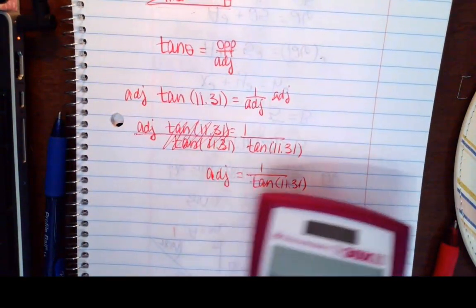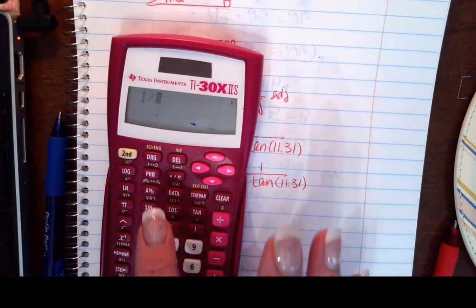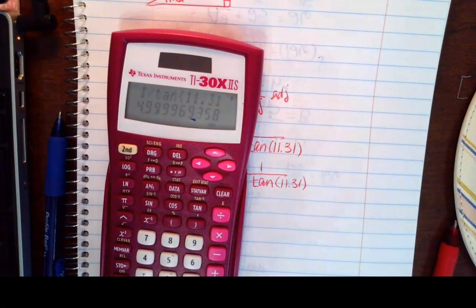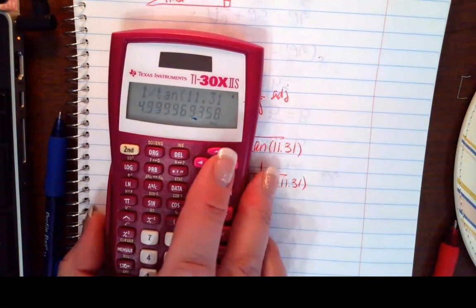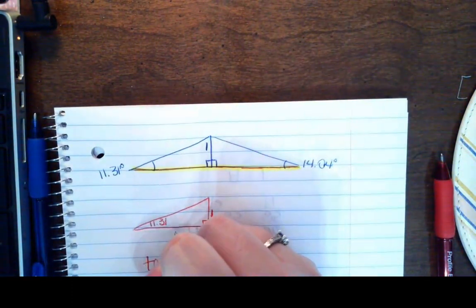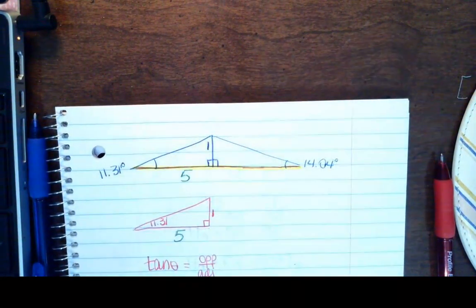So what I've got is the adjacent side is 1 over the tangent of 11.31. So I get 4.99999. So that's going to be a length of 5. So this length is 5, which makes this length 5.